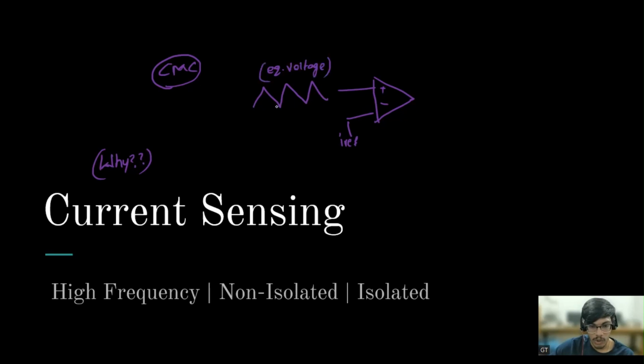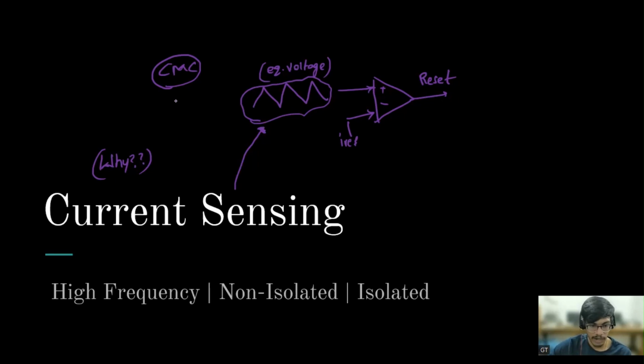So I have to sense my inductor current and feed it to my comparator so that I can compare and get my reset signal. So for current mode control, we need this equivalent inductor current in voltage form, and that will be compared with the I reference. So for that purpose, we need current sensing.